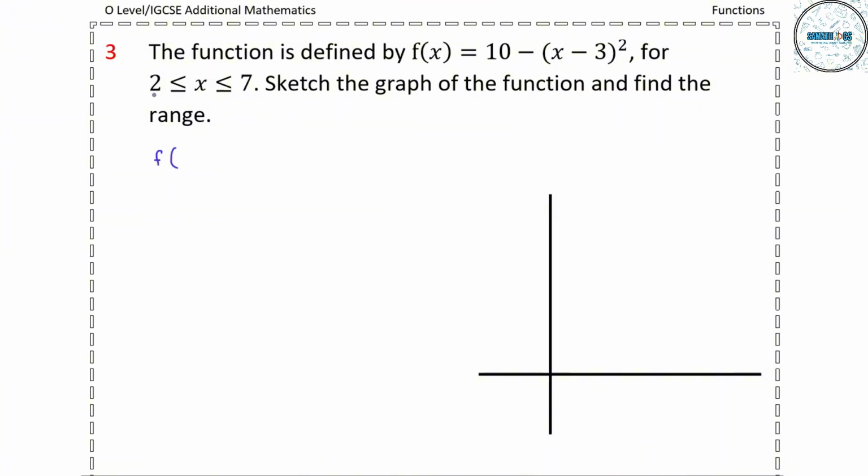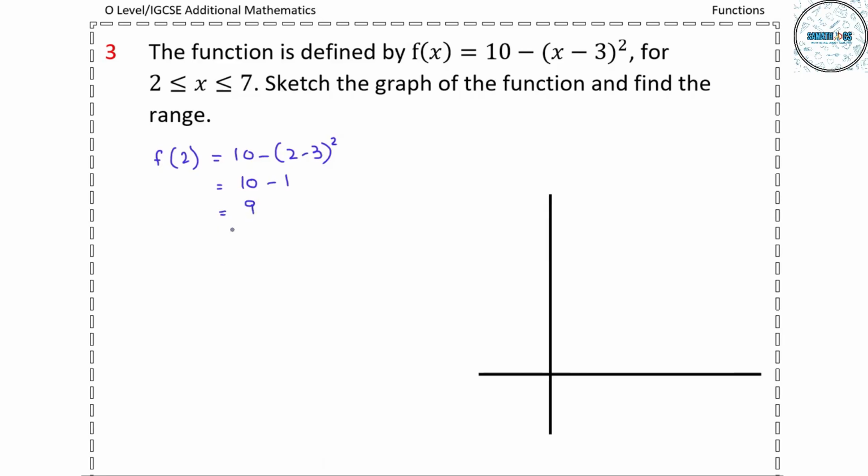We can just substitute 2 and 7 to find the values of y. F of 2 is equal to 10 minus 2 minus 3 whole square. 2 minus 3 is minus 1, minus 1 squared is 1, so 10 minus 1 gives us 9.